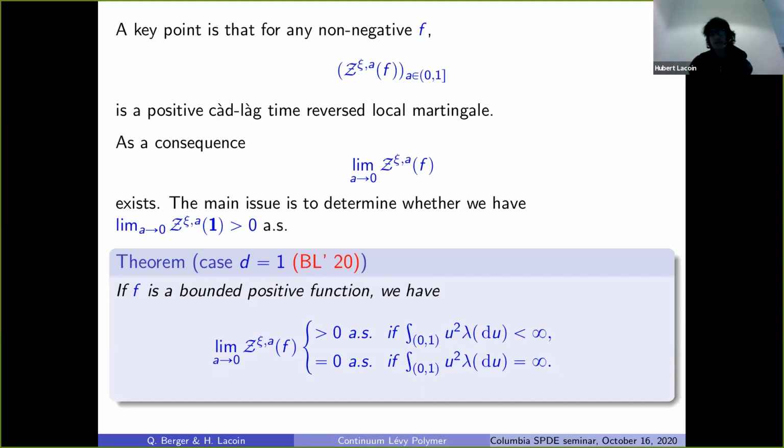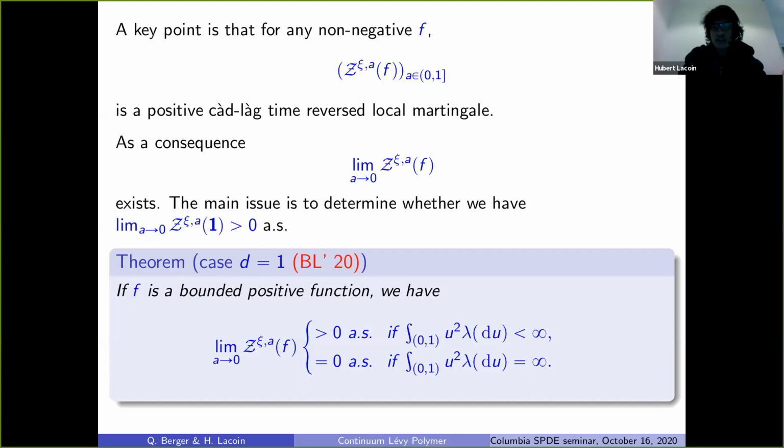So as a consequence, when you consider f which is non-negative, for free you have convergence when A goes to 0. And the main issue is to check that the limit is positive. In particular, you want the limit to be positive for the denominator. So this is what we checked with Quentin.